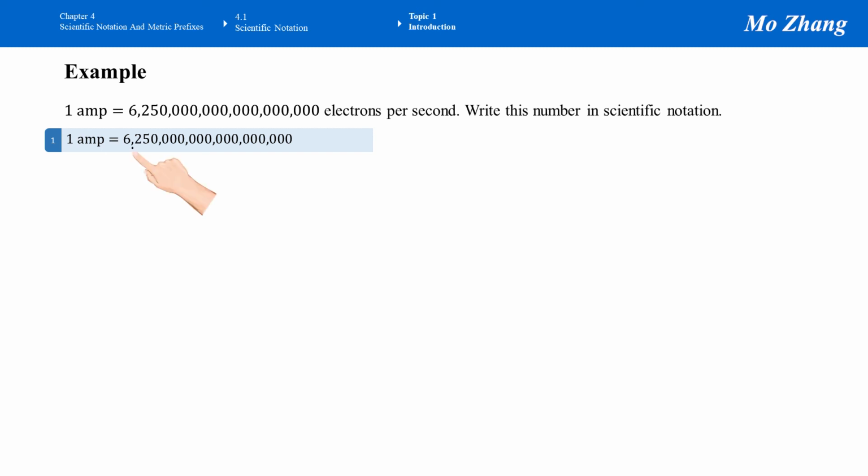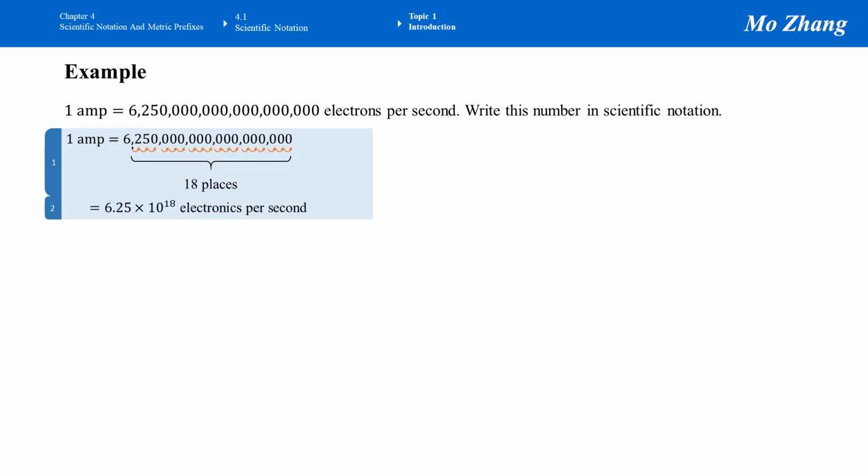So first we put a dot over here, and then we count how many times we need to move this decimal point to the right so it becomes the original number. It is 18 places. Therefore, this number's equivalent scientific notation is 6.25 times 10 to the power 18. The reason it is positive 18 is because we moved the decimal point to the right.